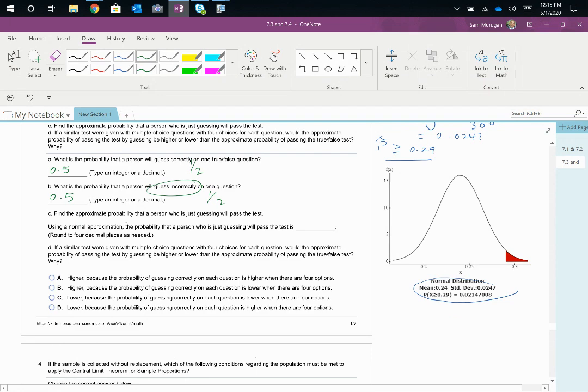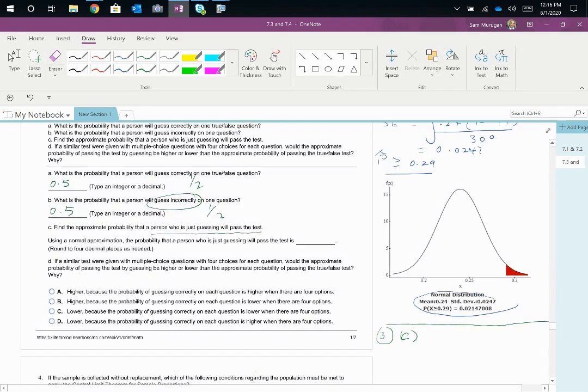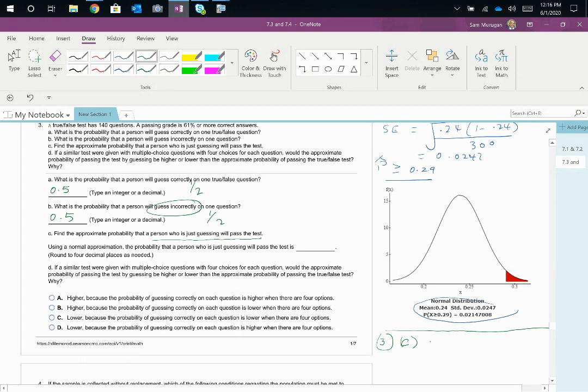Now, find the approximate probability that a person who is just guessing will pass the test. So to do part C here, we need to first compute the standard error. And we know that n is how many questions? 140 questions.